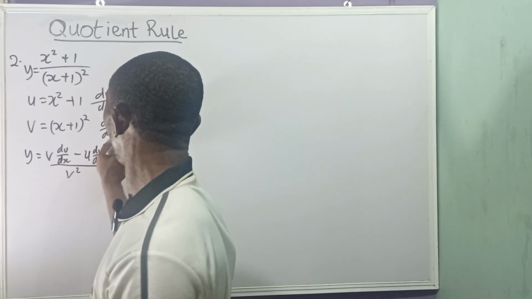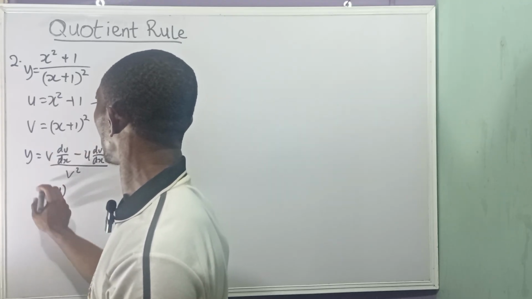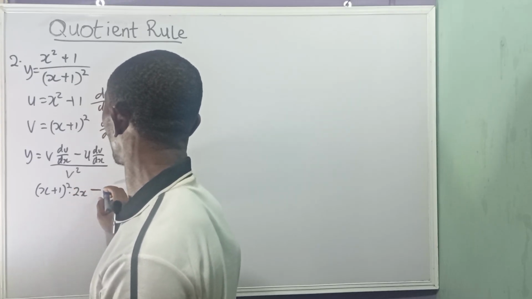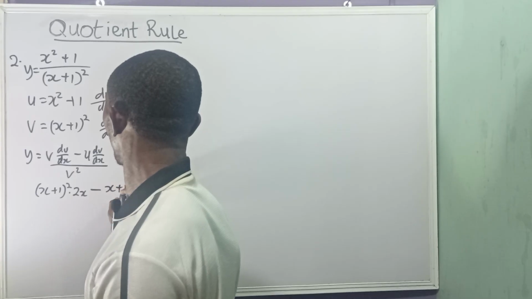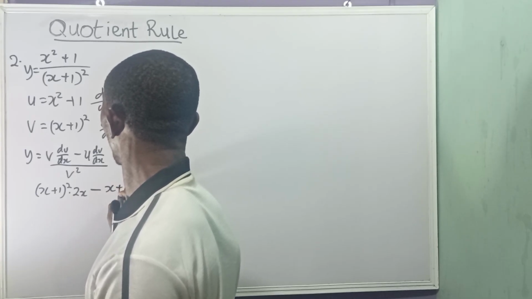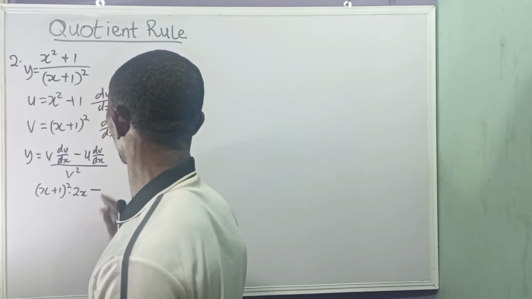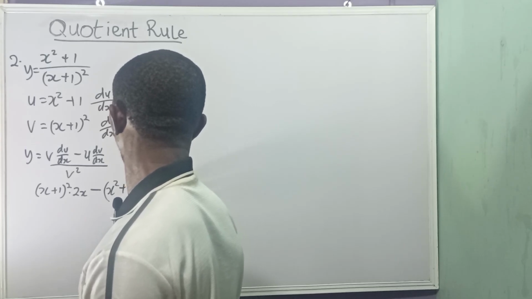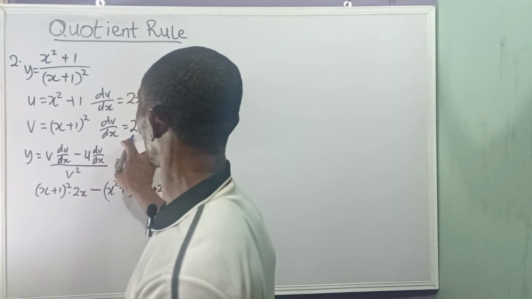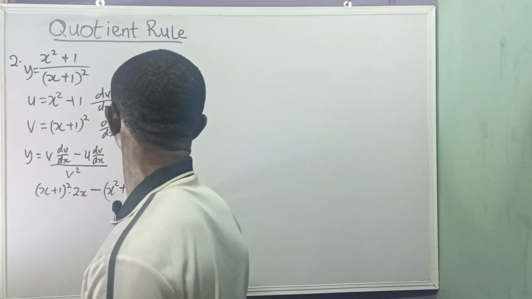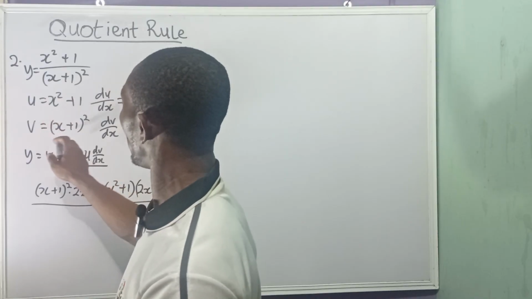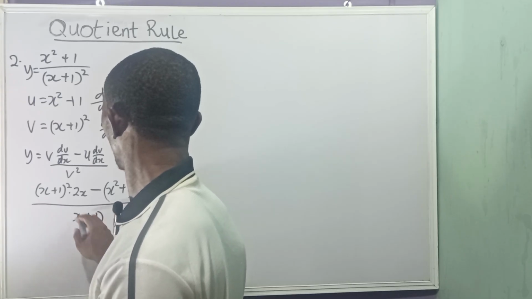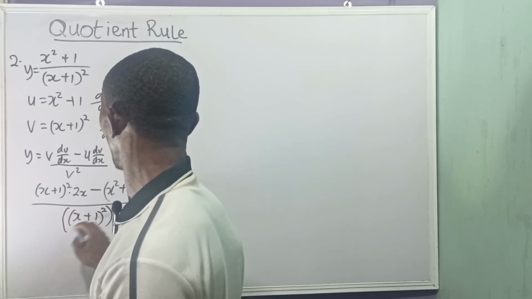Our v is x plus 1 squared times du/dx, which is 2x, minus u, which is x squared plus 1, times 2x plus 2, all over our v, which is x plus 1 raised to power 2, all squared.